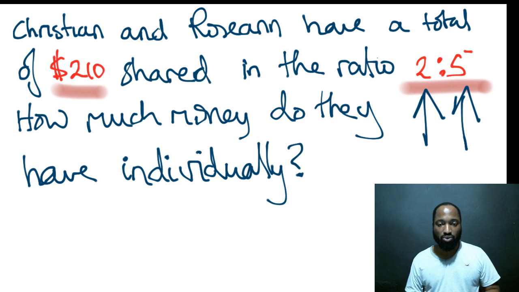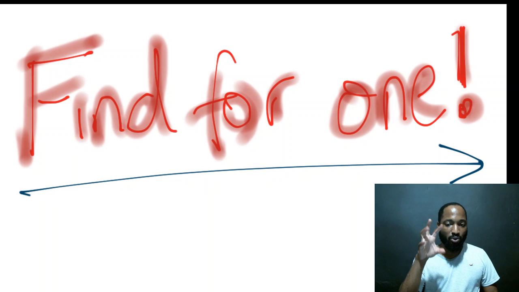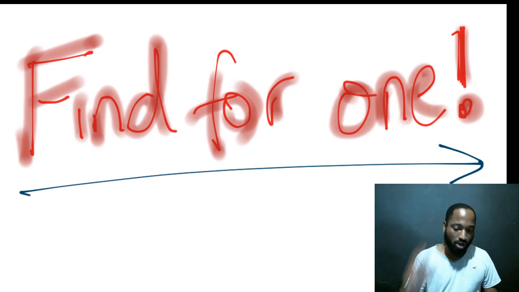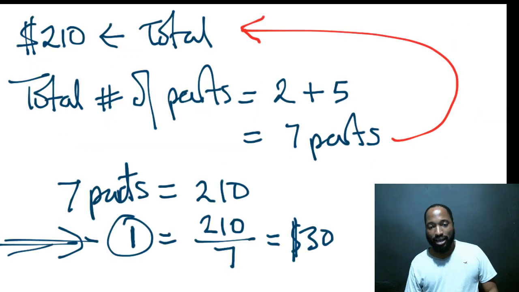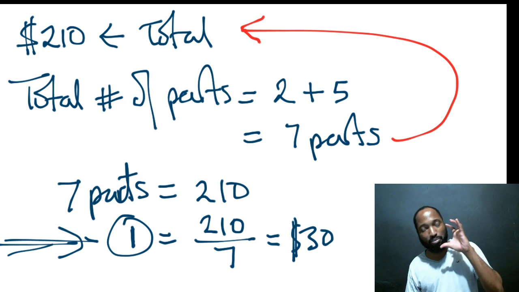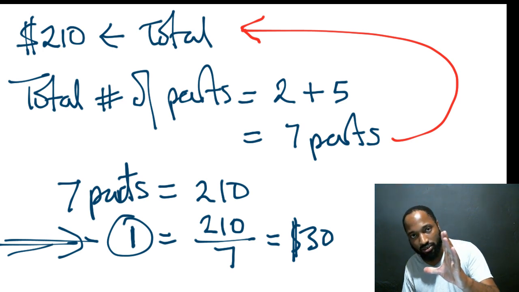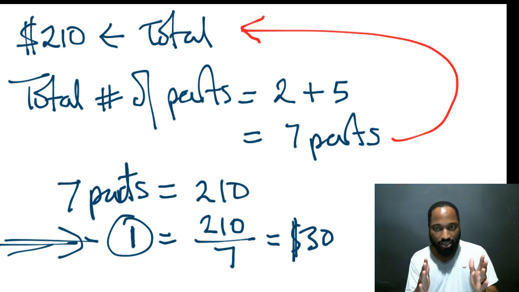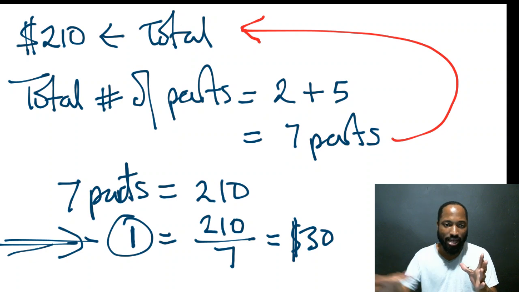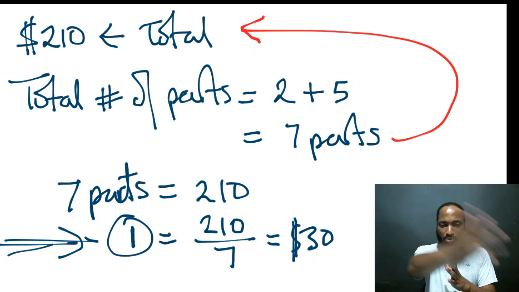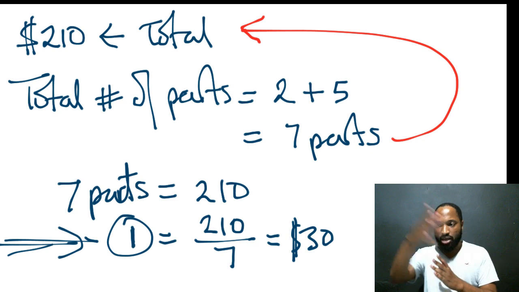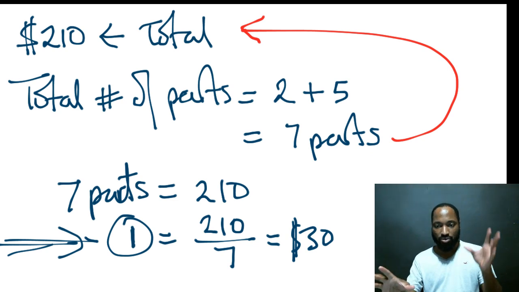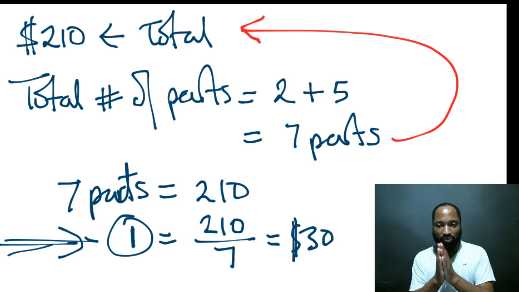That's the ratio. So there's a way to work this out, and the way is under the whole idea of finding for 1. What do I mean by that? First I need to establish that the total is 210. Then I need to establish how many parts they are splitting it into in all. There's 2, and then there's 5. 2 and 5 add up to give me 7.